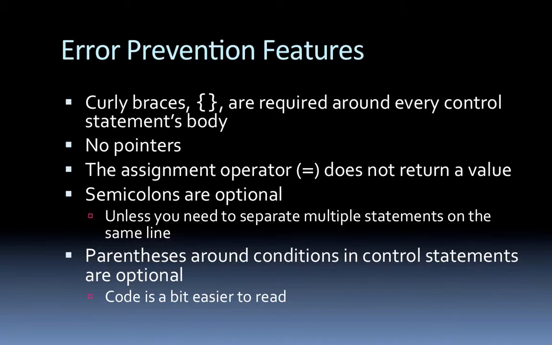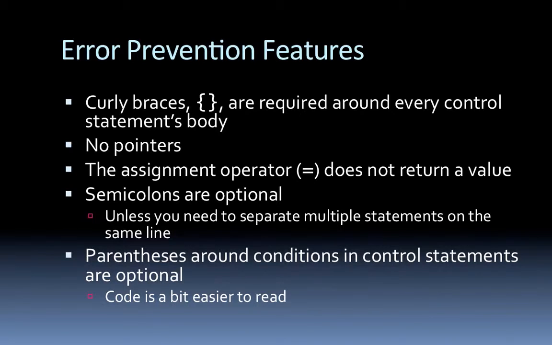The assignment operator, which often gets confused with the double equal sign Boolean equality comparison operator, either by beginning programmers or by experienced programmers who just have a typo, does not return a value. And because of that, it's not possible to accidentally put a single equal sign in the condition, for example, of an if statement when you meant to do a double equal sign for a Boolean comparison.